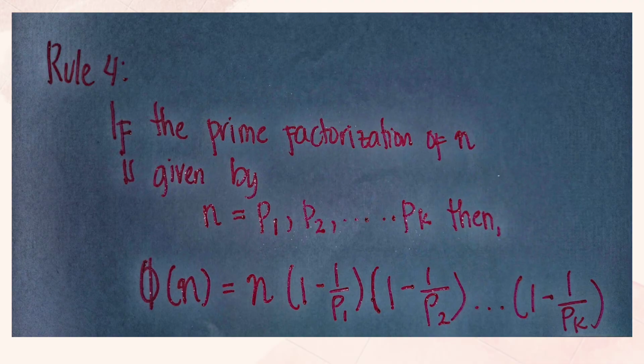Rule number 4: if the prime factorization of n is given by n equal to p sub 1, p sub 2, and continues until p sub k, then the phi of n is equal to n times 1 minus 1 over p sub 1 times 1 minus 1 over p sub 2, and the product continues until 1 minus 1 over p sub k. Example, solve for the phi of 600.